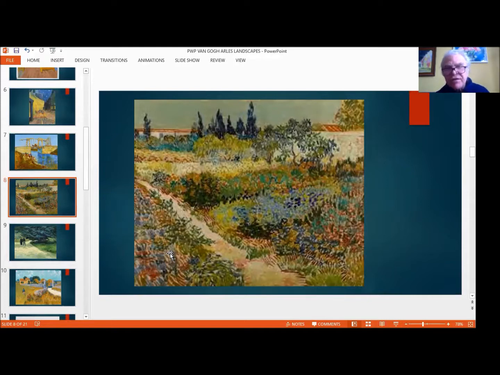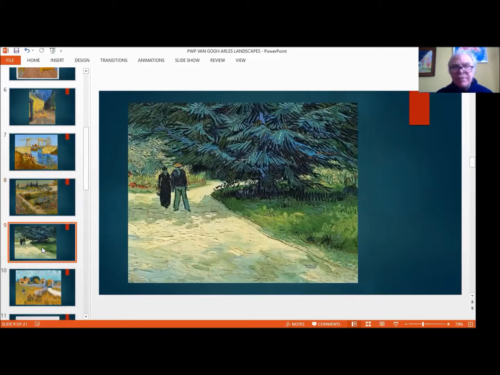That's to say, red is the complementary of green, yellow is the complementary of violet, blue is the complementary of orange.